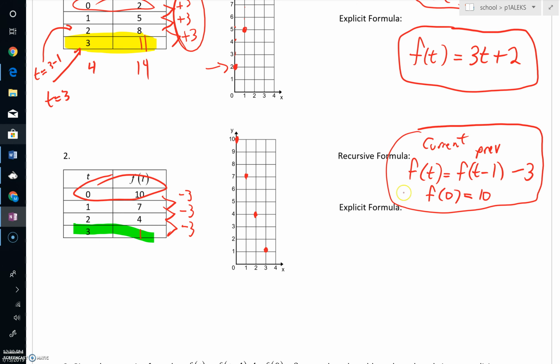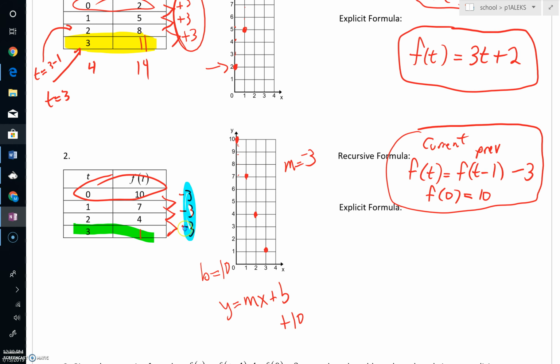For the explicit formula, if we look at y equals mx plus b, well, my goodness, we can see this is a 10 up here, and that's going to be our y-intercept, isn't it? Take a look at our slope. We go down 1, 2, 3, and 1 to the right. Wow, here we go again.